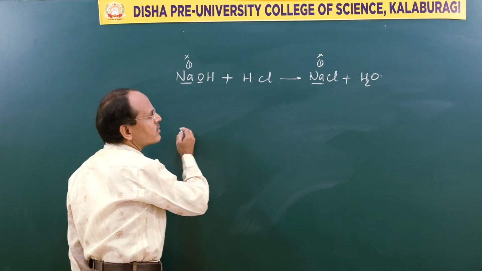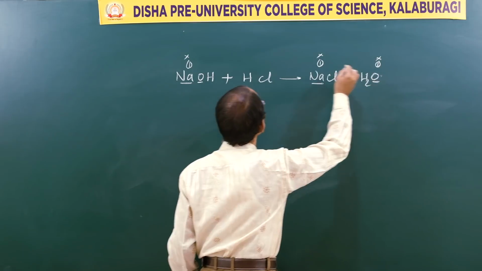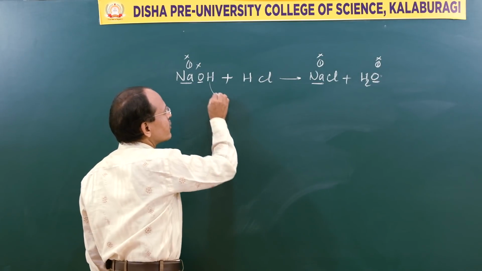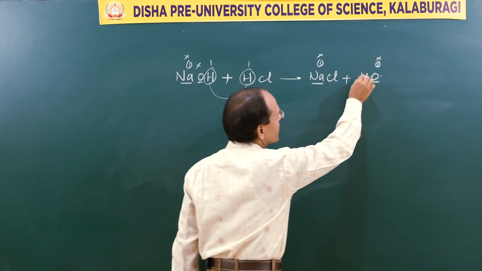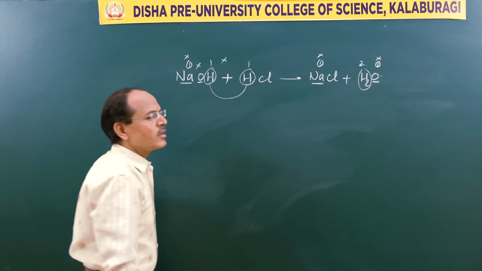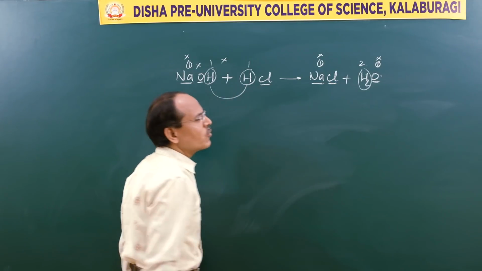Oxygen is 1, here also oxygen is 1, so oxygen is also balanced. Hydrogen is 2, one is here, one is here, here also 2, hydrogen is also balanced. Then chlorine is 1, here also it is 1.